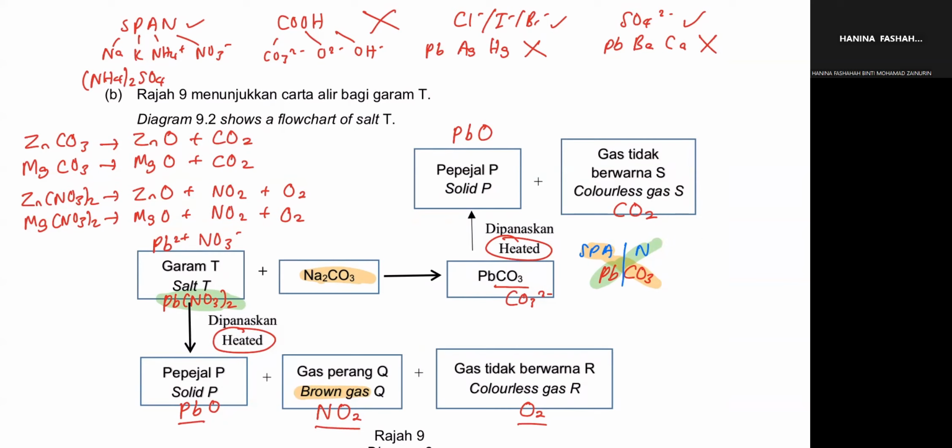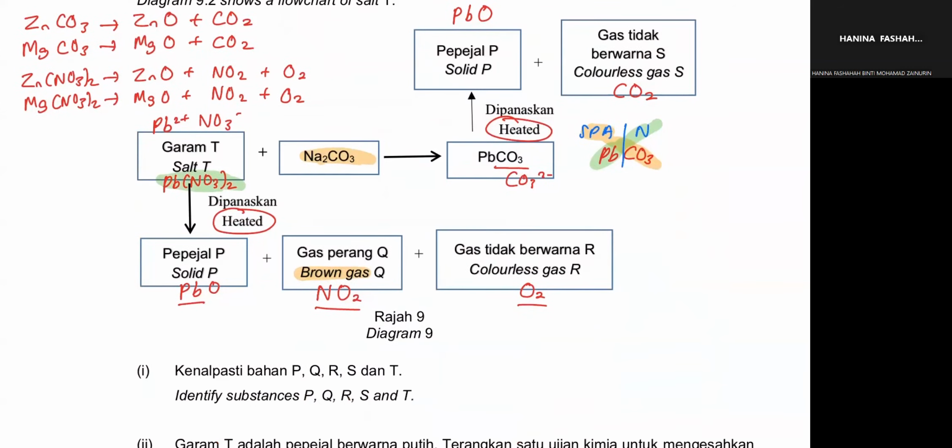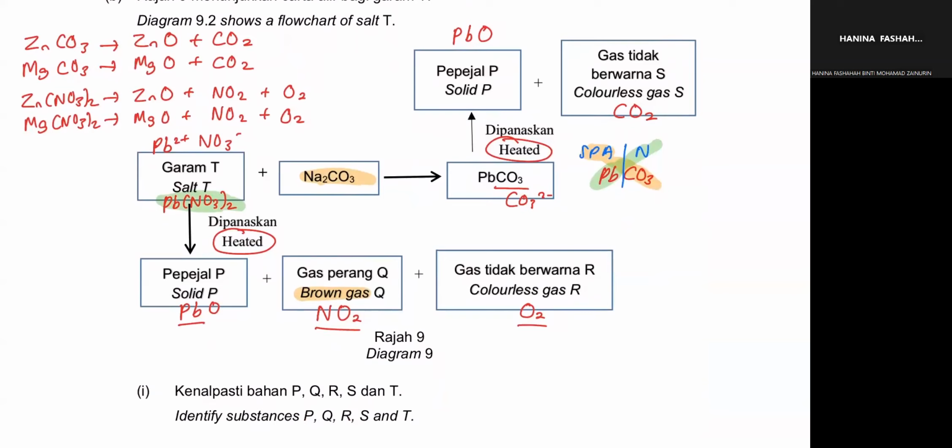Because sometimes in the exam, they don't only give the nitrate ion. They purposely give PbCl2 or, let's say, MgCl2 to confuse you. But actually you have to recognize which one is insoluble and which is soluble. So identify. Now that you identify, you can write the formula.